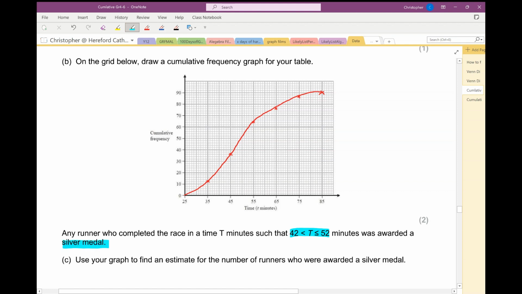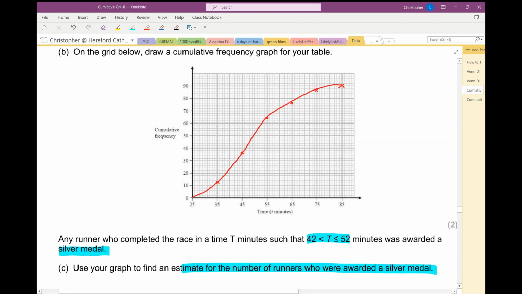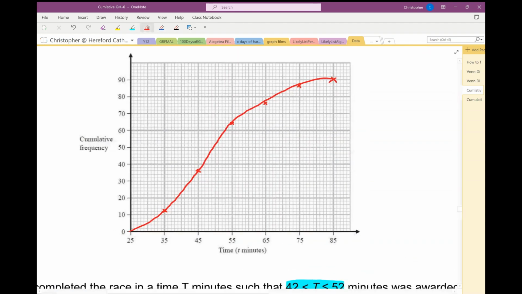Use your graph to find an estimate for the number of runners who were awarded a silver medal. Right, so we're looking for people who were between 42 and 52 minutes. So let's have a look. Right, first of all, let's estimate how many people took less than 42 minutes. Presumably they got a gold.